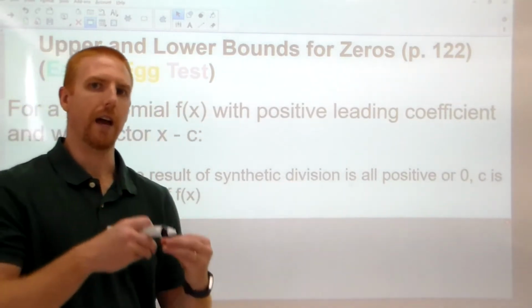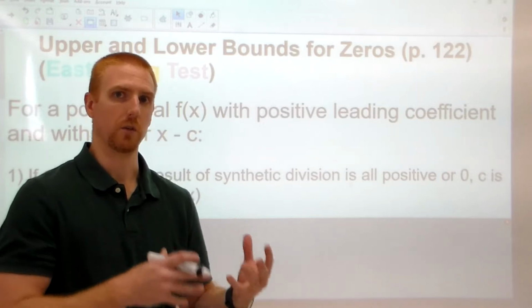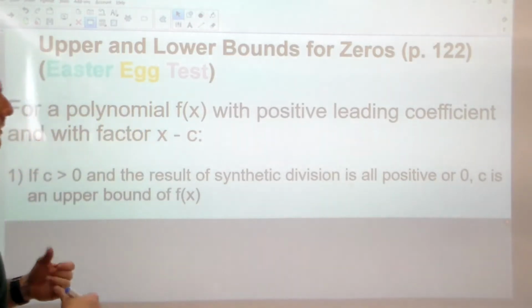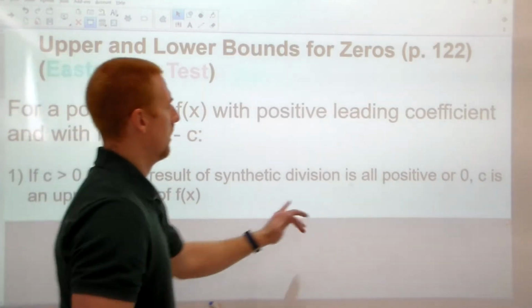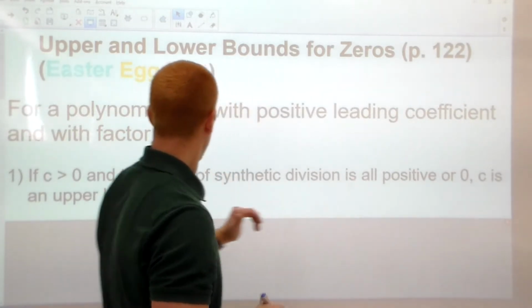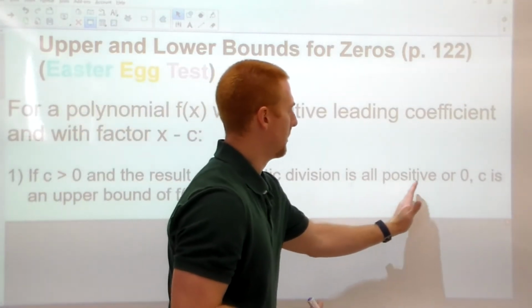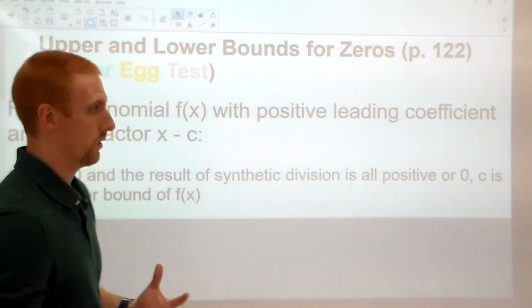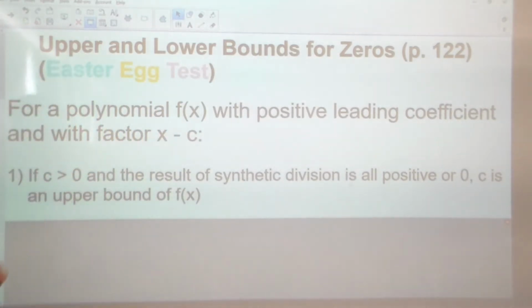So you're dividing that out just like we've been doing to see if it's a 0. And if you do synthetic division, or you could do long division too, and everything is positive or 0 in that synthetic division result, then C is an upper bound.